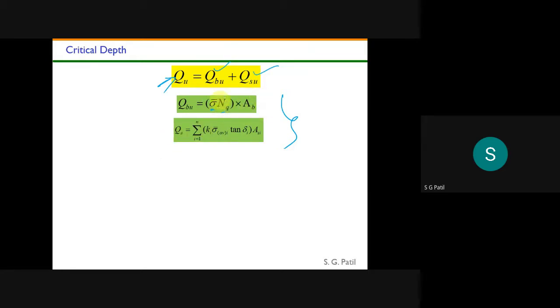And how can you write QS? QS is nothing but your vertical stress times your lateral earth coefficient times tan delta. Okay, so that will give me a small qsu. If you multiply this small qsu with the surface area, then I will get QSU.